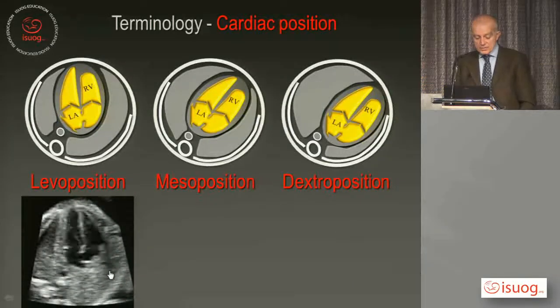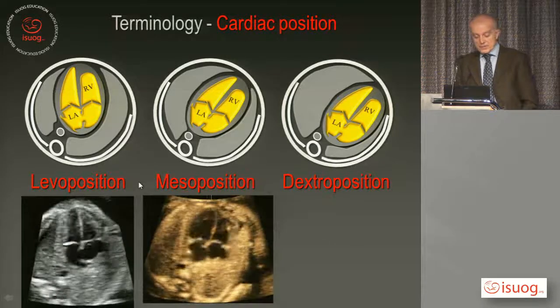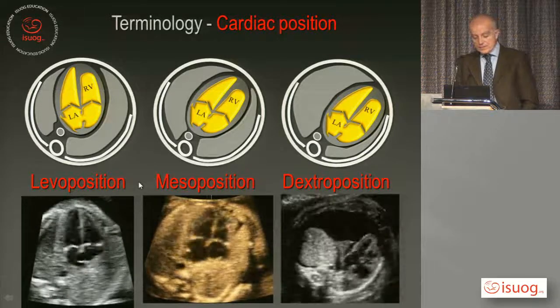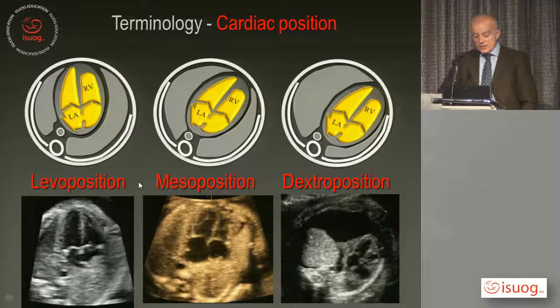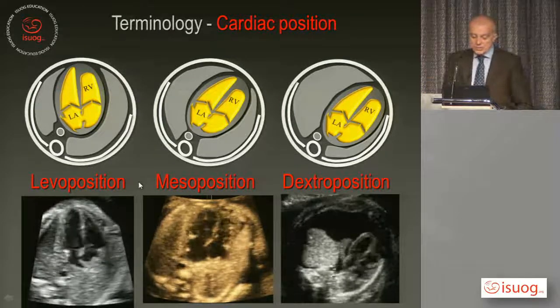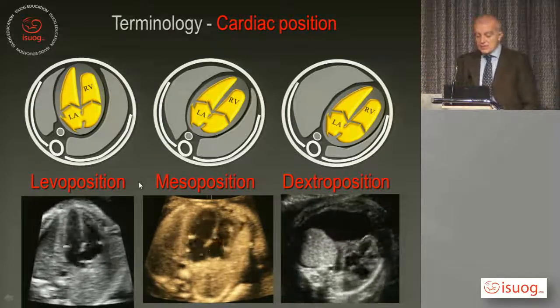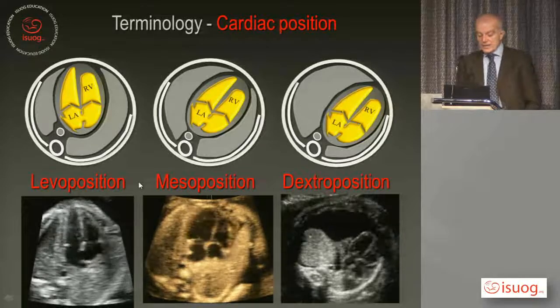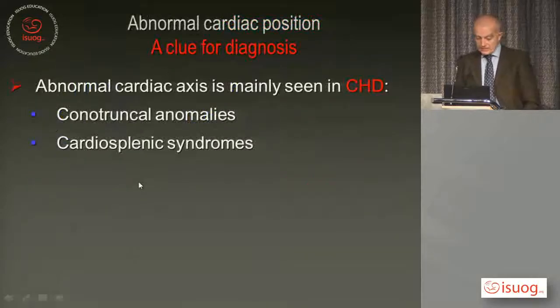So this is levo position, normal situs solitus and levo position and levocardia. This is meso position, and this is dextro position. As you see here, as I will tell you in a while, most of the dextro positions of the heart will be due to extracardiac abnormalities.